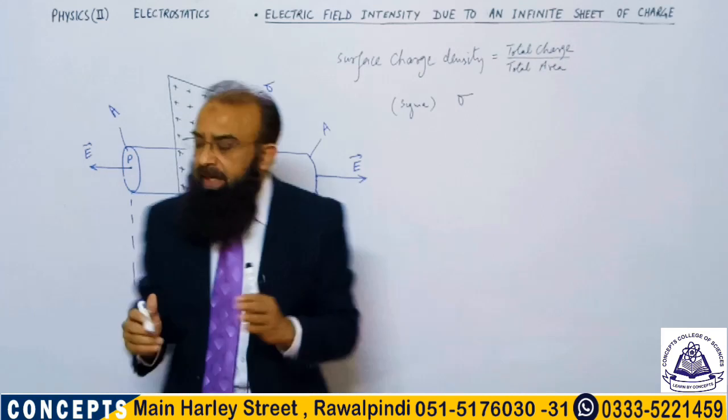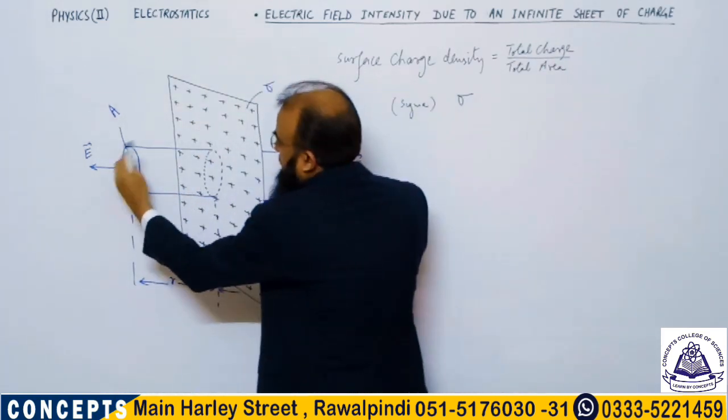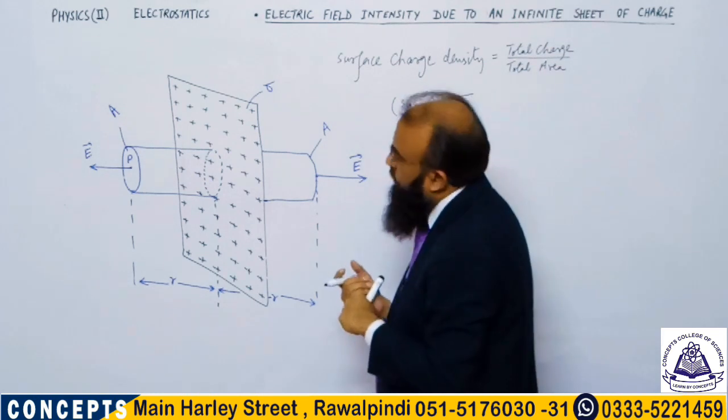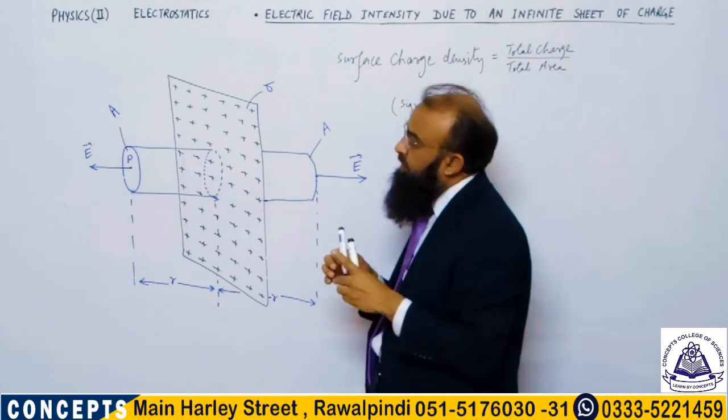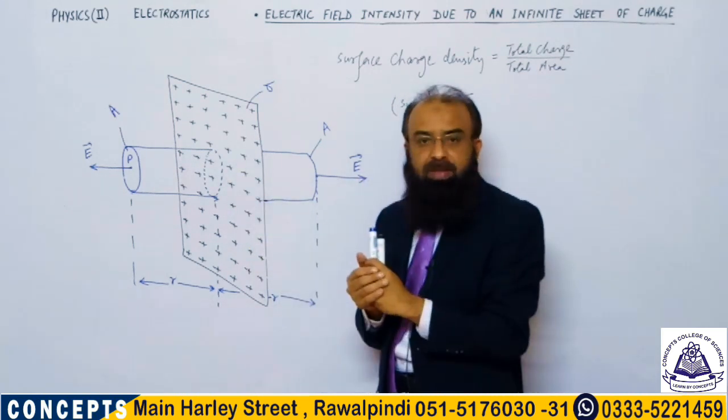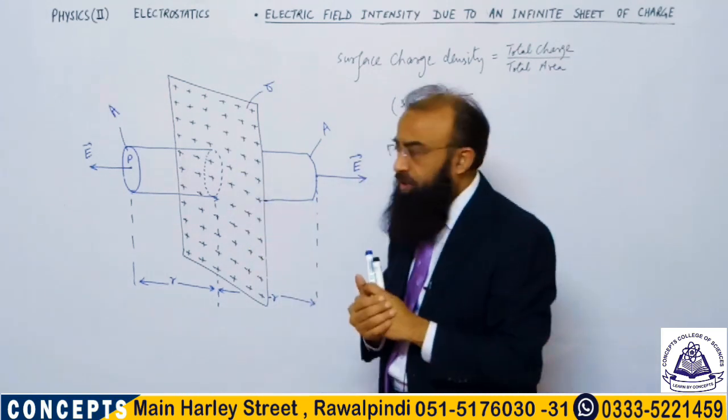Secondly, the area of these two flat surfaces of this cylinder is also the same. So the flux passing through these two surfaces will be equal in magnitude.